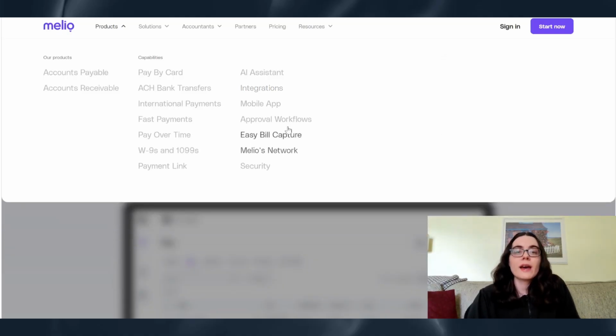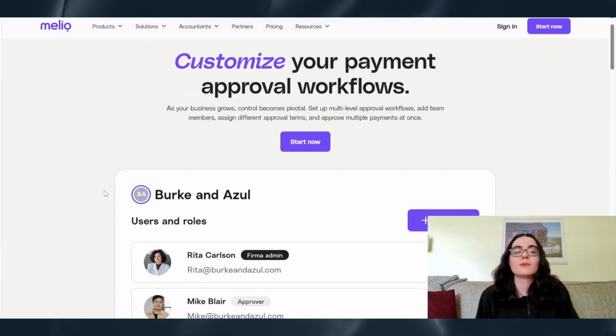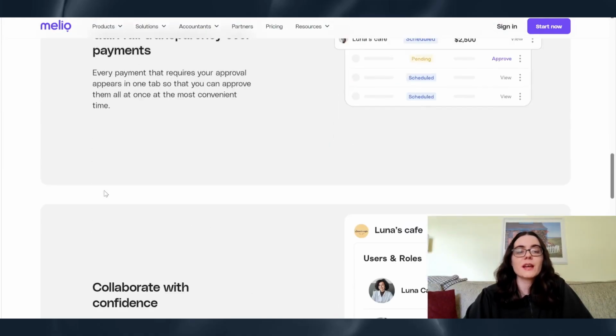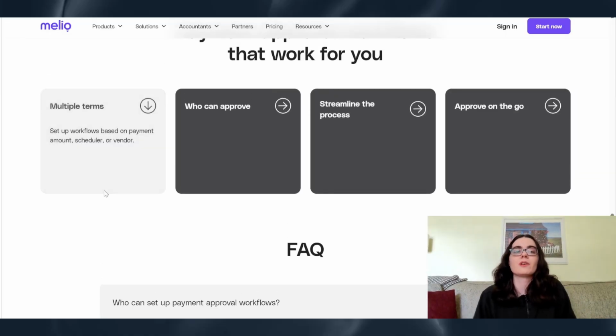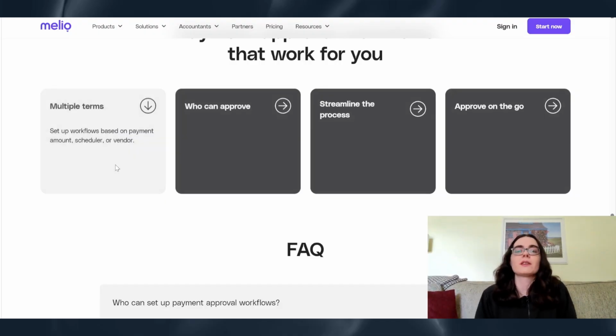And then they also have approval workflows that you can set up. You can customize them, set them up to be multi-level, assign different user roles and permissions, just to make sure that you're really keeping tabs on what's being approved and making sure that things go according to plan. And you can set a threshold depending on the payment amount or the vendor, things like that, to enact those. So that is a really helpful feature with Melio.